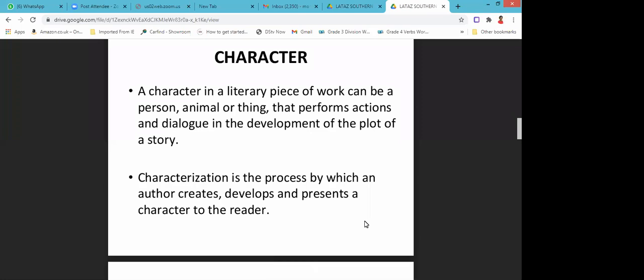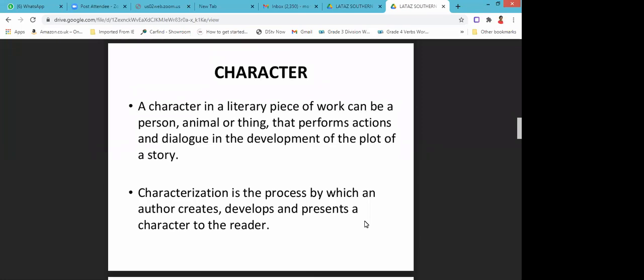Now we come to the next element of a story, which is character. What is character? A character in a literary piece of work can be a person, an animal, or a thing that performs actions and dialogue in the development of the plot of a story.